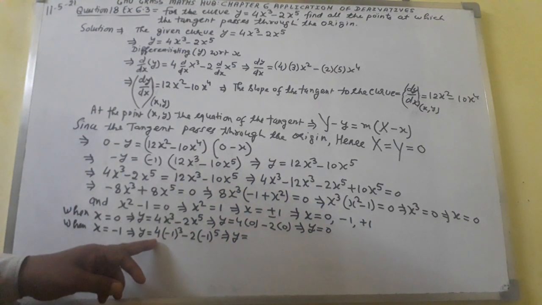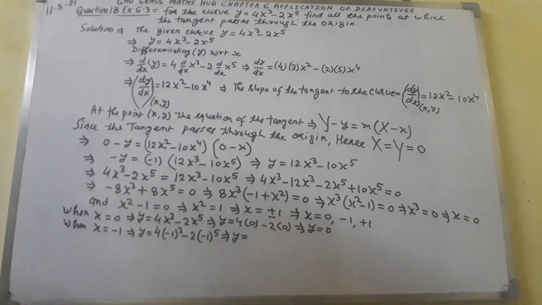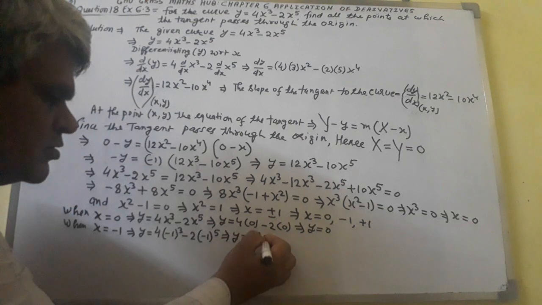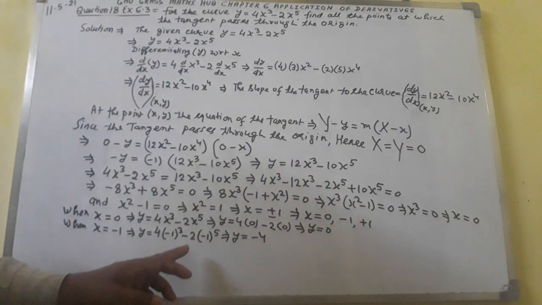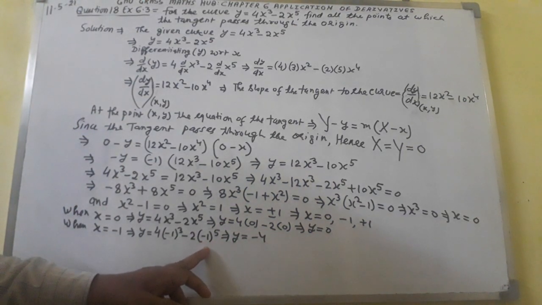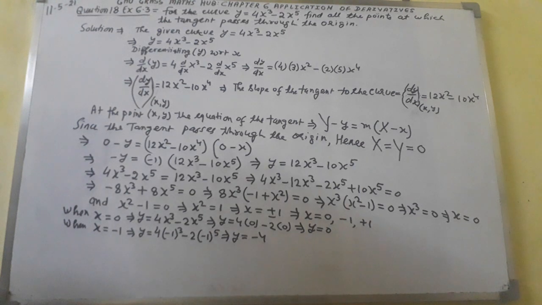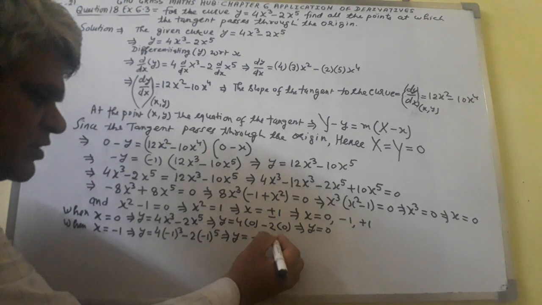Minus 1 raised to power 3 comes out to be minus 1, so here you will get minus 4. Here minus 2 is there, minus 1 raised to power 5 comes out to be minus 1. Minus 1 times minus 2, we will get here plus 2.